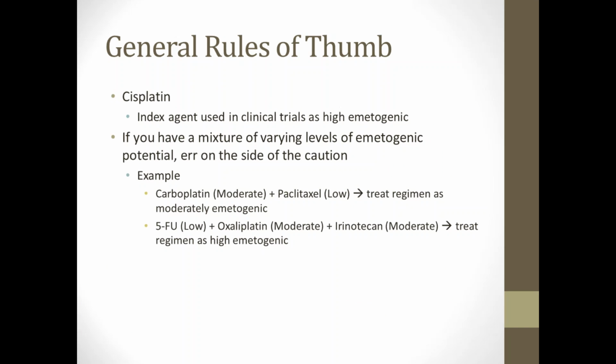And again, you need to err on the side of caution. The first regimen I wanted to discuss was carboplatin plus paclitaxel or Taxol. This is a very commonly used regimen here at the West Cancer Center. If you look at each drug individually, carboplatin is moderately emetogenic and paclitaxel is low emetogenic.